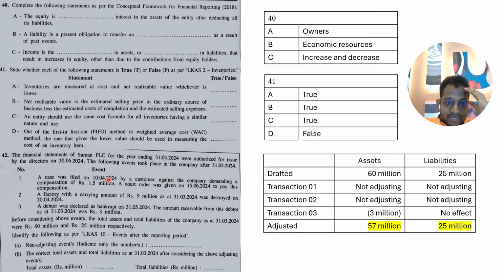The case was filed by a customer against the company demanding compensation of 15 million. The court order was given on June 15, before authorizing the financial statements, to pay the compensation. So this you have to adjust. Yes, right?